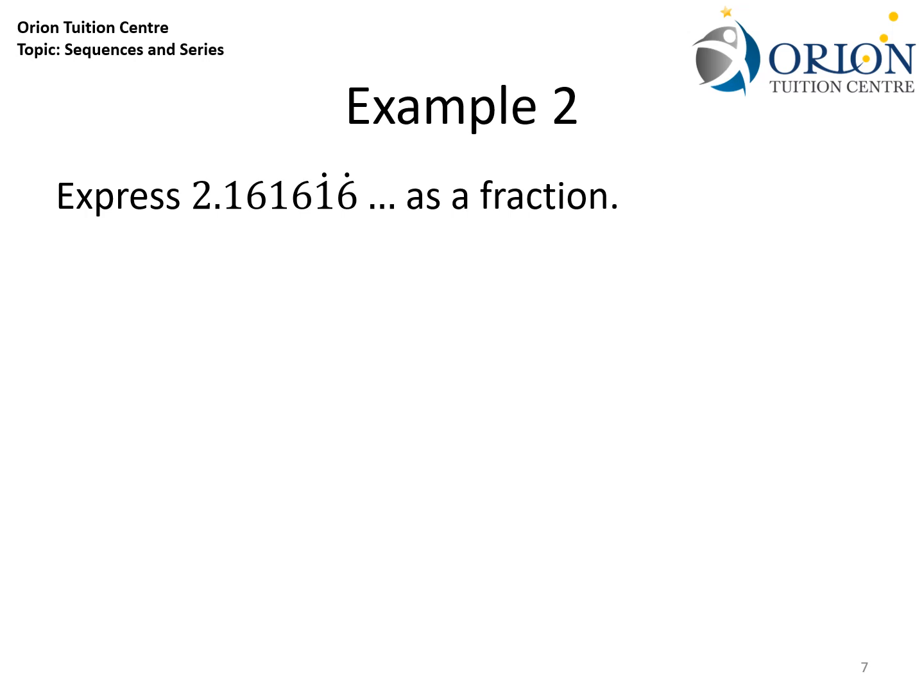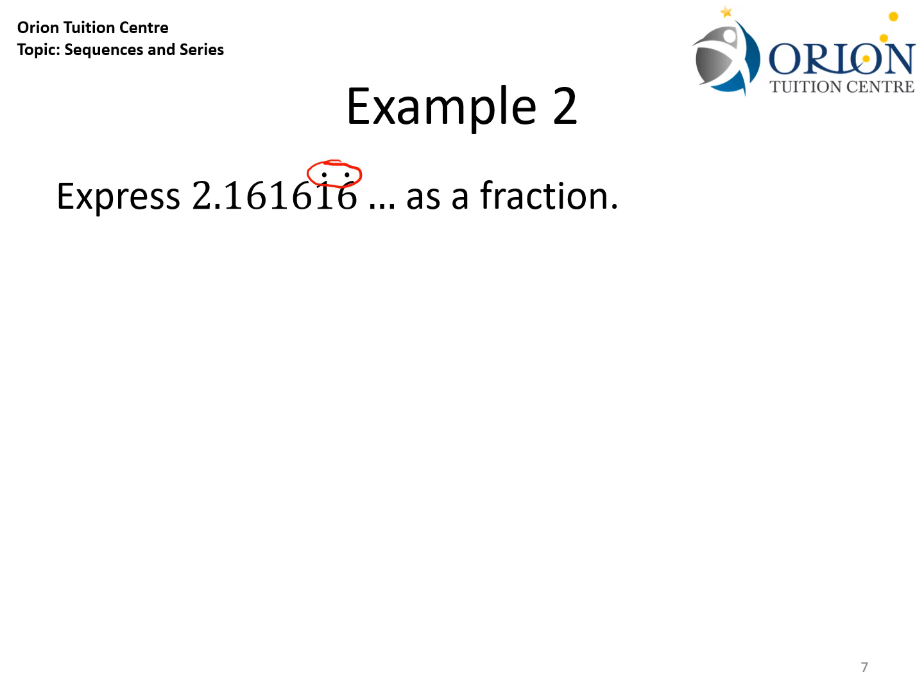In example 2, we have the number 2.161616, and we see a pair of dots over the 16 at the back. This means that we are going to continue repeating the 1 and the 6 throughout until infinity.